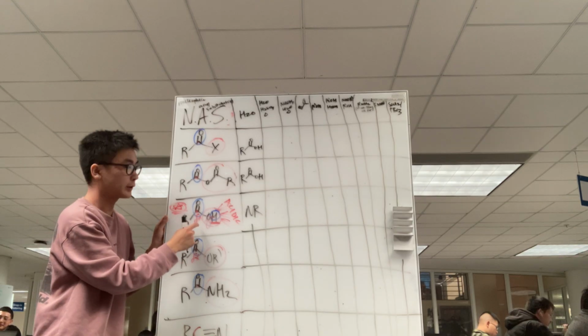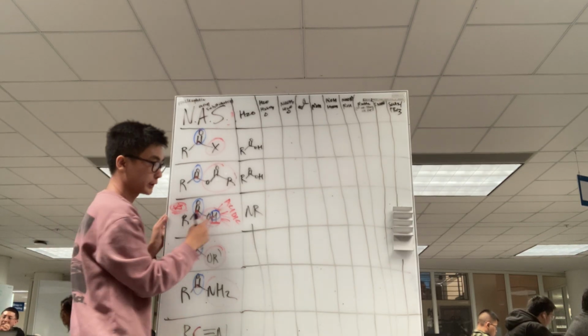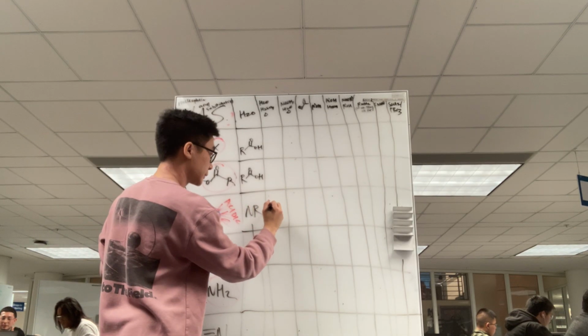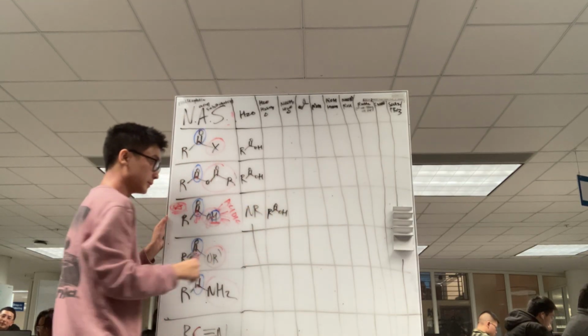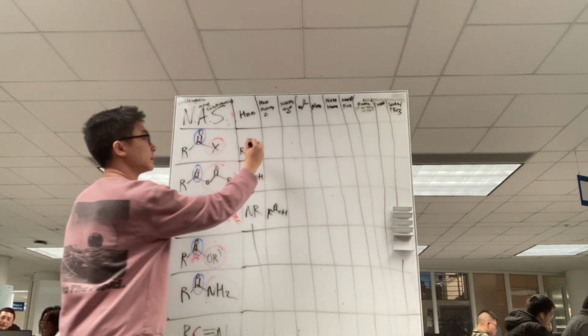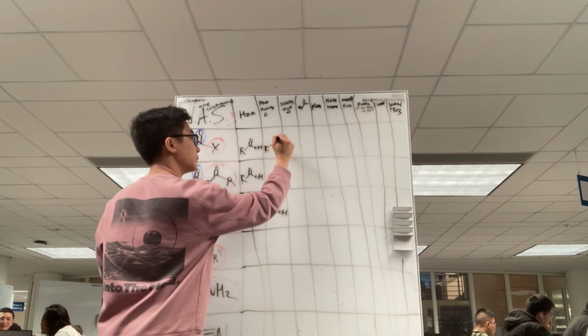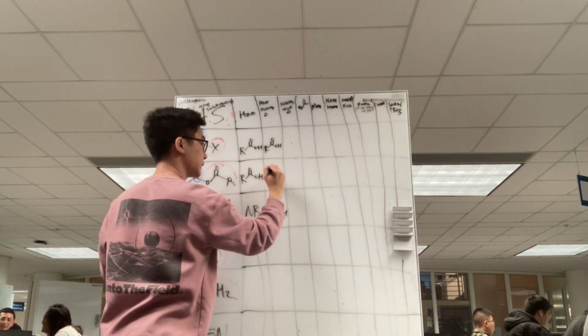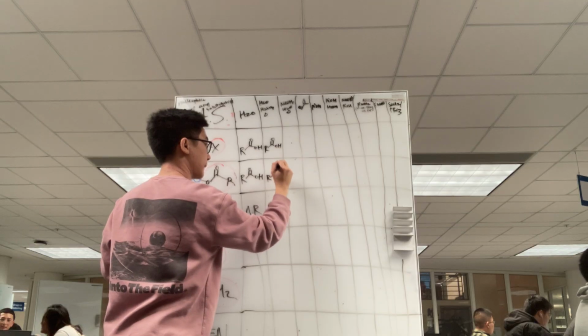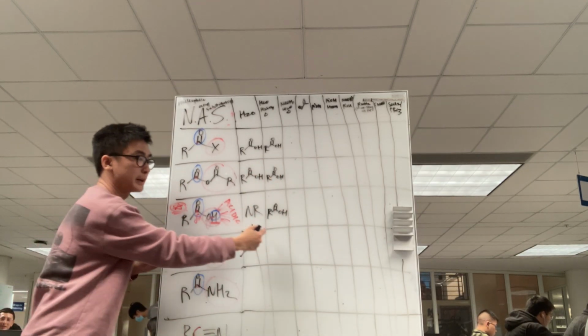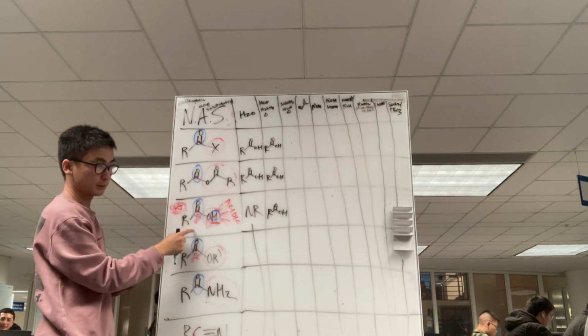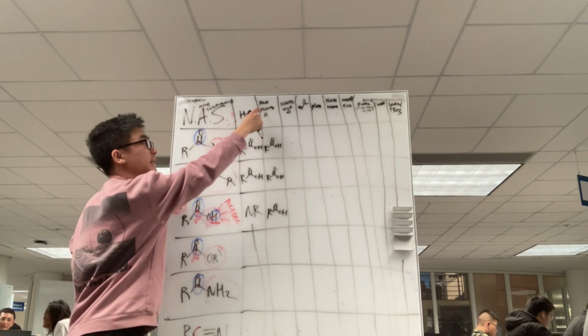This carboxylic acid here is already a carboxylic acid, so you can say no reaction, or you can draw in the carboxylic acid. It will still be the same. And now, the ester, amide, and nitrile can be hydrolyzed into the parent functional group of the carboxylic acid as well because of the acid.